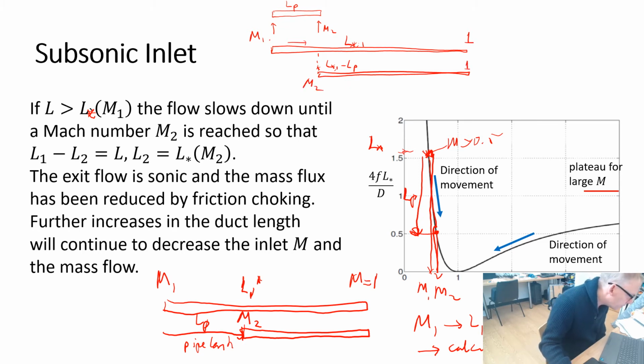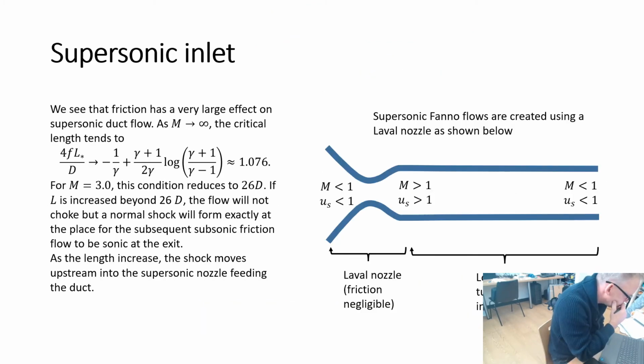We start with M1, we calculate L star 1, the critical pipe length, we take off the pipe length LP, and then we determine by working backwards what the value of the Mach number is at that point. Now, there's obviously a little bit of a problem if the Mach number starts off at 1 and the pipe length is much longer than that distance, and we'll get onto that later.